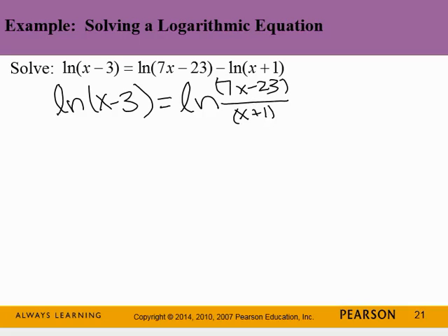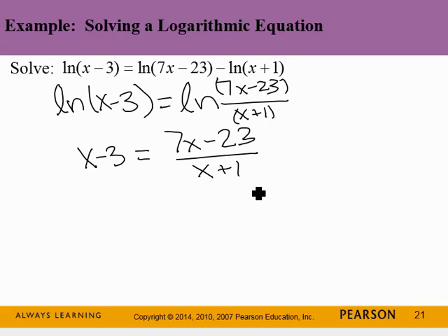Now you have it set up where you have no coefficients and you have them equal to each other. So this means that x minus 3 is going to equal (7x minus 23) over (x plus 1). Multiply both sides by x plus 1.